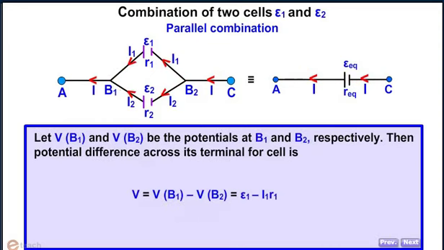Let VB1 and VB2 be the potentials at B1 and B2 respectively. Then the potential difference across the terminals for the first cell is V equals VB1 minus VB2, which equals epsilon 1 minus I1 R1.